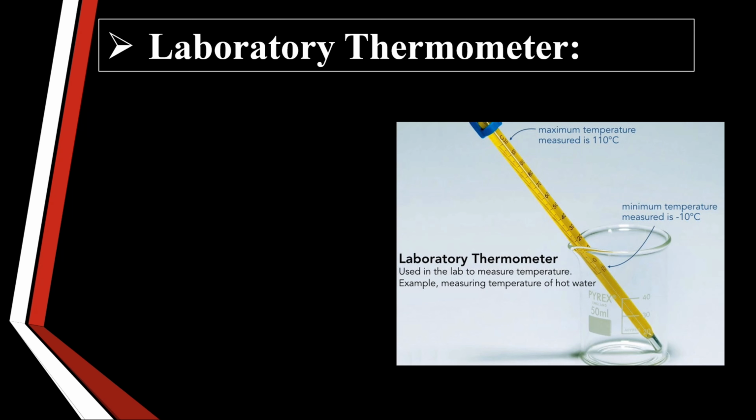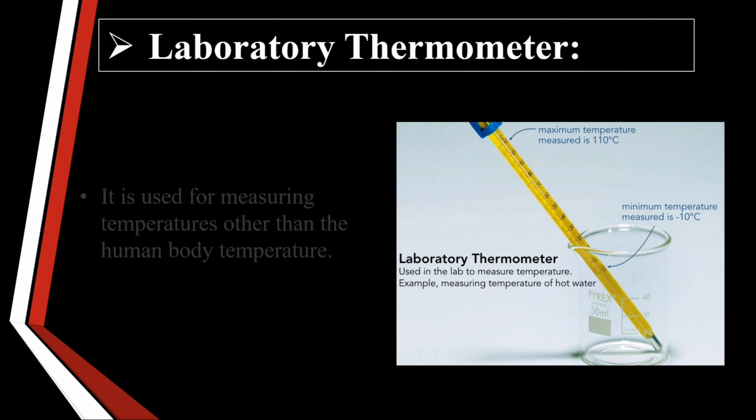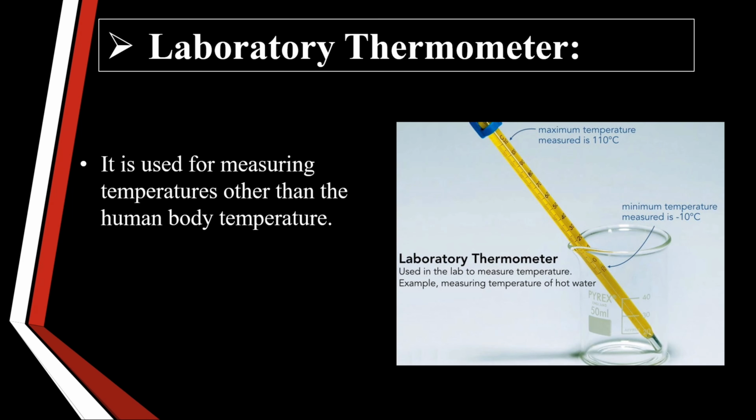It ranges from minus 10 degrees Celsius to 110 degrees Celsius. Laboratory thermometers are designed for lab purposes such as checking boiling point, freezing point or temperature of other substances. You can use a laboratory thermometer for checking the temperature of a solvent but not a clinical one.